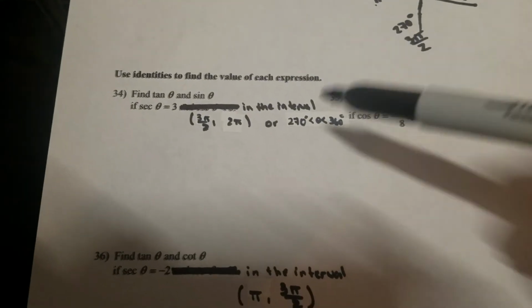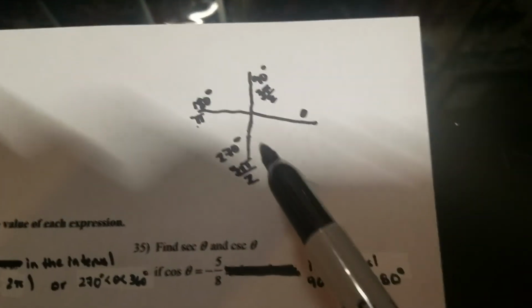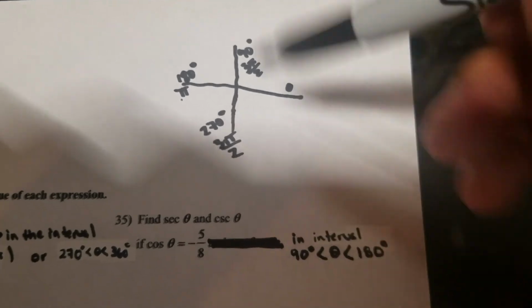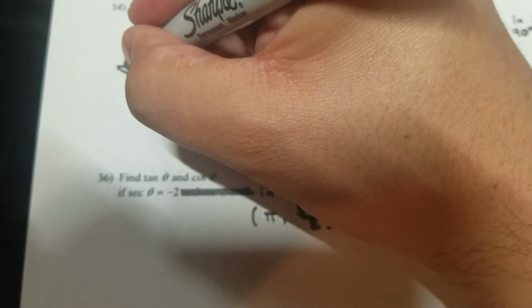Okay, so if I come back here, if it's telling me it's 270 to 360, that means that this is the quadrant I'm looking at, quadrant 4. So if I were to draw a triangle here, remember I'm doing the unit circle, it would look something like that. So I'm going to go back over here and make a triangle. Make it look like this.